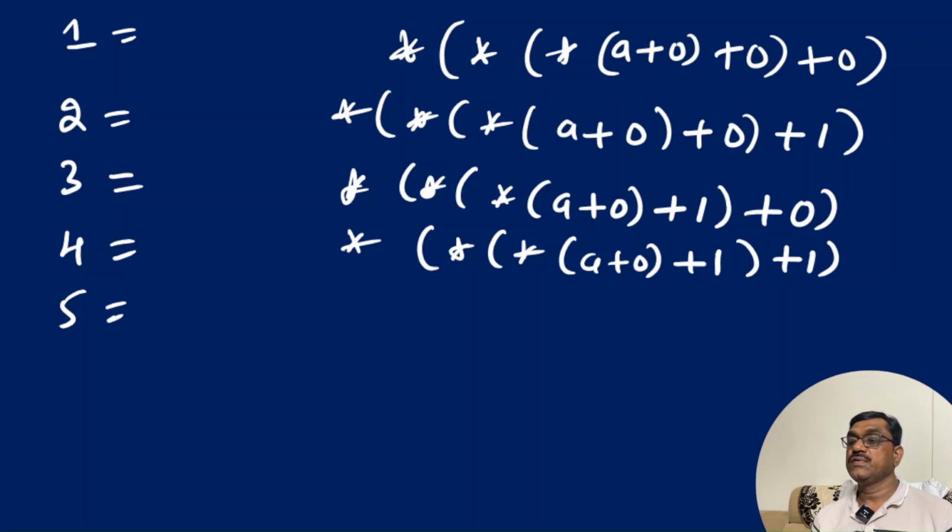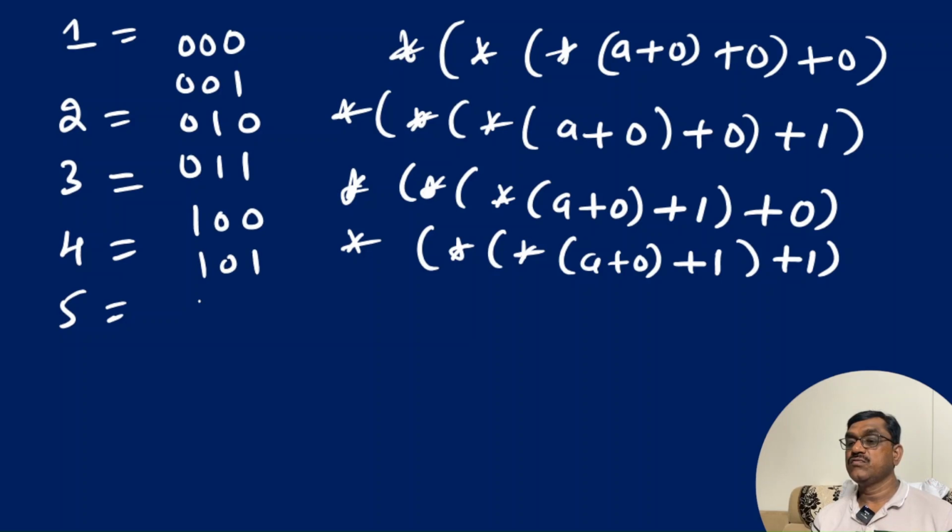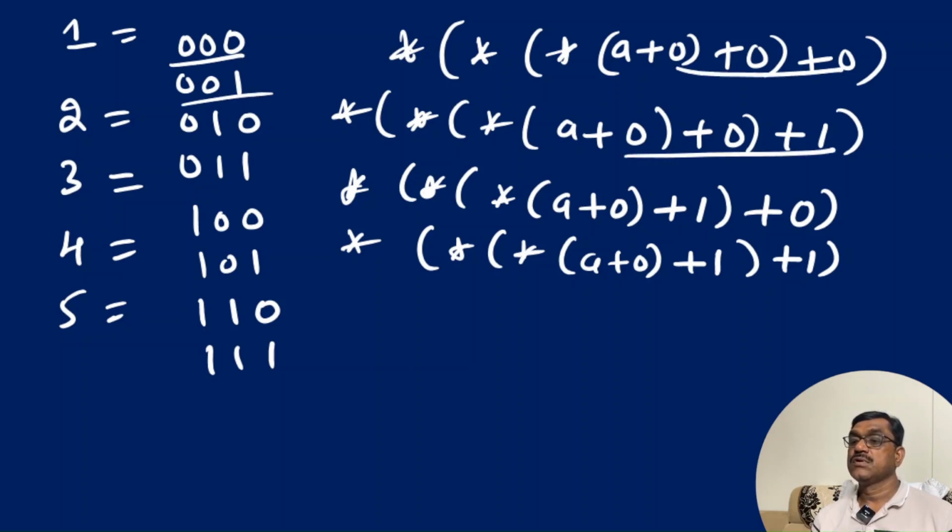Like that we are going to get all the elements. The subscripts will go as: 0 0 0, 0 0 1, 0 1 0, 0 1 1, 1 0 0, 1 0 1, 1 1 0, 1 1 1.